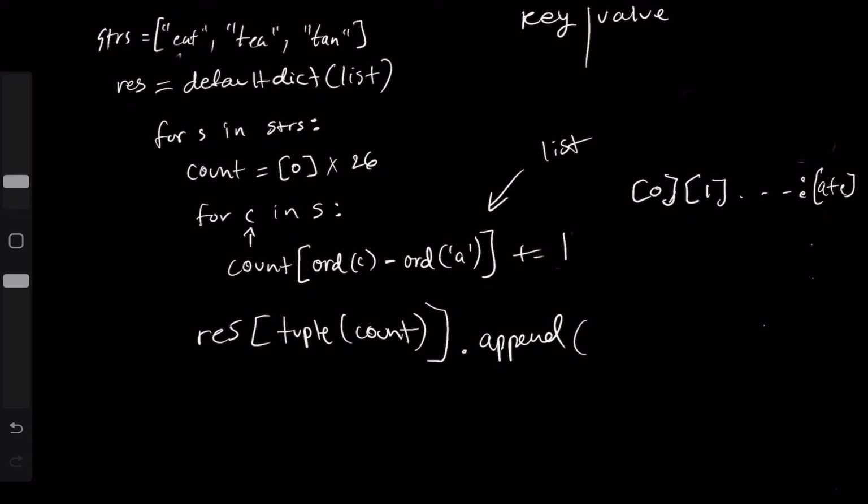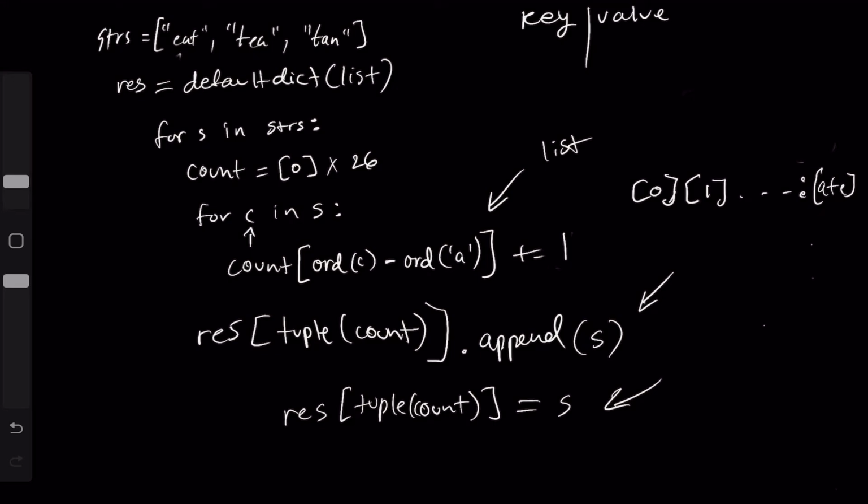Now, why aren't we just setting it equal to, let's say here, the tuple count is equal to s? Essentially what appending is doing is you're just adding onto it, whereas with this, you're replacing. If you had a different value there, you would replace it.